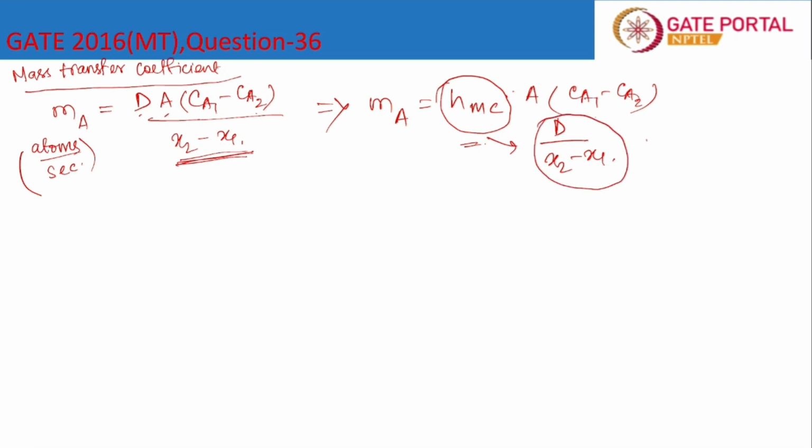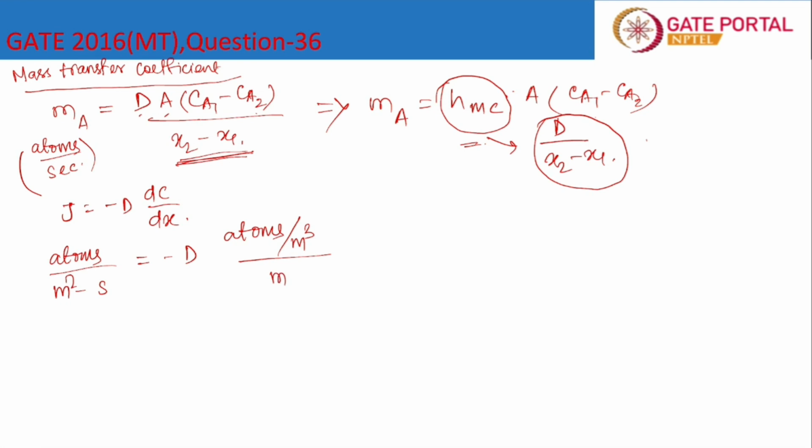So we have to find the dimensions of this D by x2 minus x1. So first we have to find out the units of D, diffusivity. So we know that J equal to minus D dC by dx. So what is J? The units of J are atoms per meter square per second, equal to minus D. dC, that is basically concentration, so that is atoms per meter cube, divided by dx, that is this distance, meters. So solving this, we get the units of D is meter square per second.